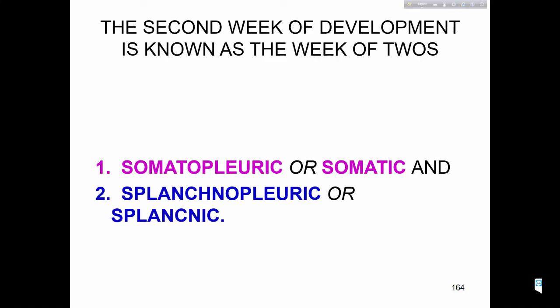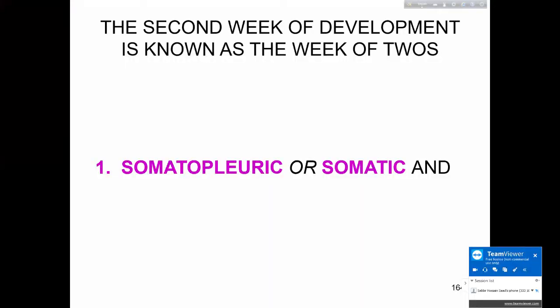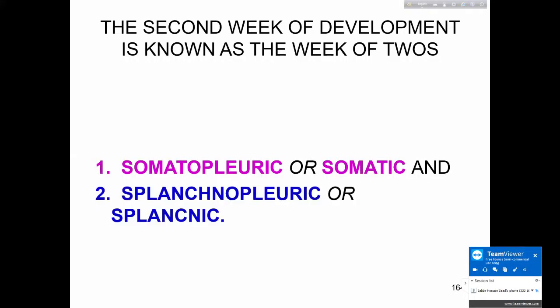The extraembryonic mesoderm, I'm giving emphasis, it's not embryonic mesoderm, this is extraembryonic mesoderm. This is divided into 2 layers, the somatopleuric or somatic layer and the splanchnopleuric or splanchnic layer.